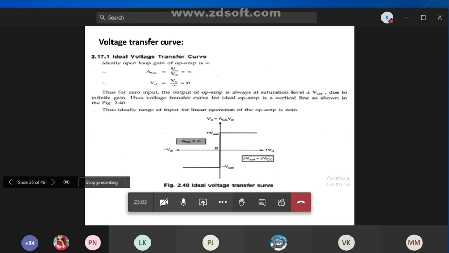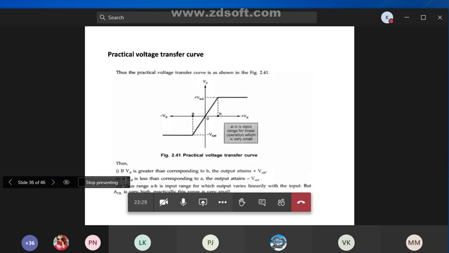That's why for zero input the voltage transfer curve for ideal op amp is a vertical line, right? You can see here, it is plus Vsat and it is minus Vsat. At zero input, if Vd equal to 0, this transfer curve looks like a vertical line.